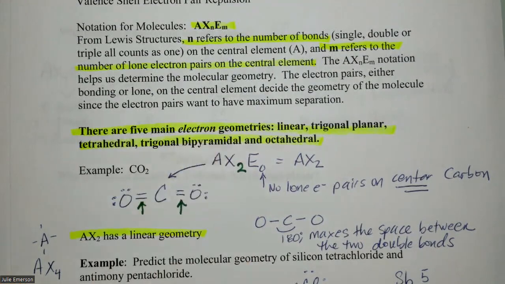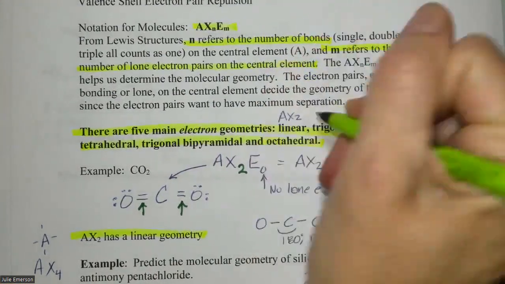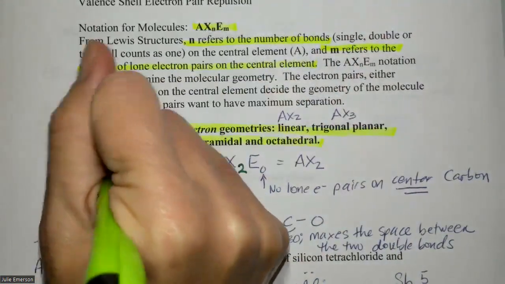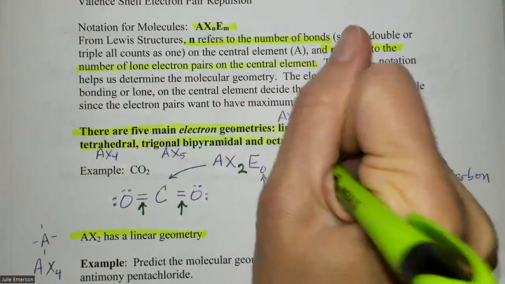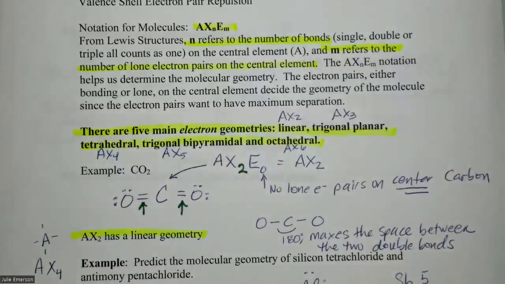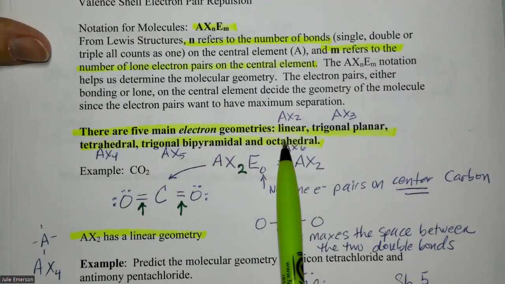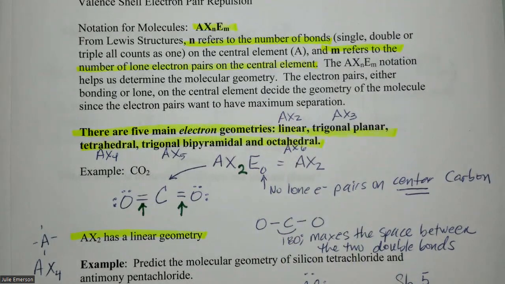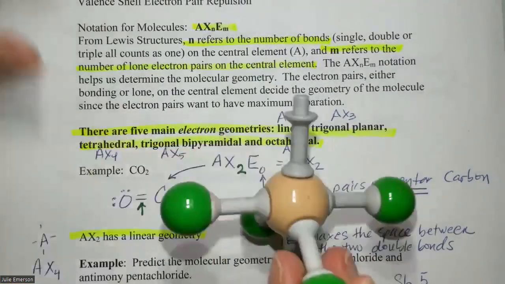But these electron group geometries are when you have AX2, AX3, AX4, AX5, and AX6, right? That's where we max out. Now, if one of those electron groups is not a bonding pair, but a lone pair, then the molecular shape is going to be different.